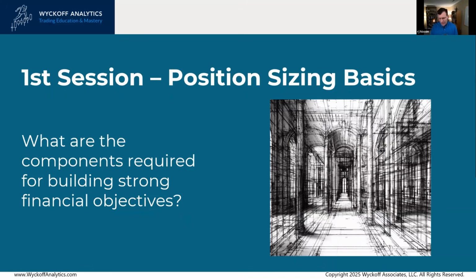We actually start the position sizing strategy conversation with objectives. And generally, yes, people want to make a lot of money, but it's much more complicated than saying, I want to make a lot of money. There's some quantification to work on and some qualification to work on so that you've got really strong objectives so that you can craft really effective position sizing strategies.